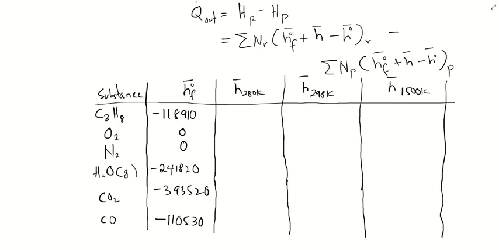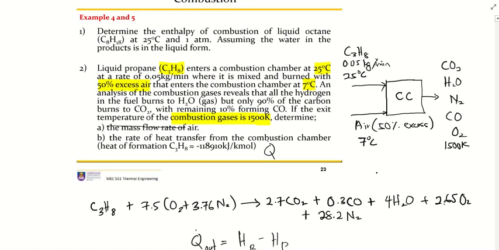Alright, so next we need to determine the enthalpy at states 280 Kelvin, 298 Kelvin, and enthalpy at 1500 Kelvin. Before that, why 280 Kelvin, 298 Kelvin, and 1500 Kelvin? It is based on the temperatures of the fuel, air, and product.